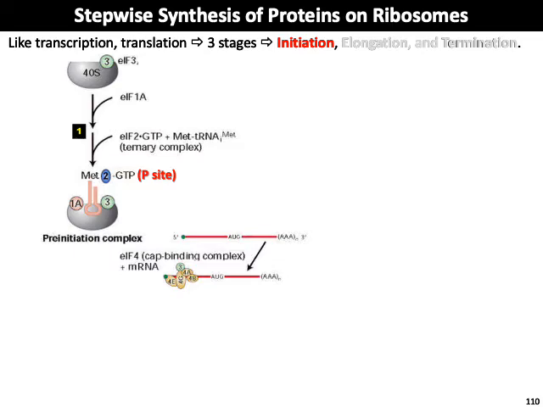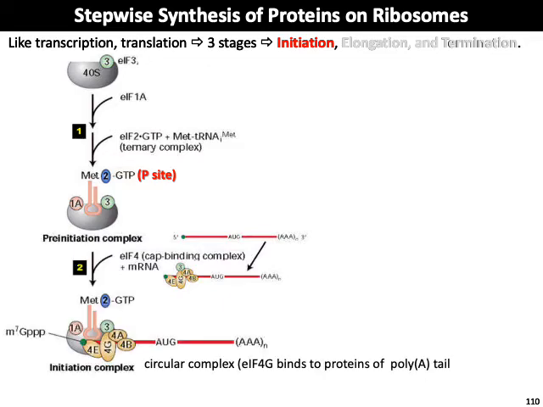Here the messenger RNA is ready to bind to this subunit of the ribosome. The messenger RNA is bound to eIF4, the cap binding complex, and together with the pre-initiation complex will form the initiation complex.